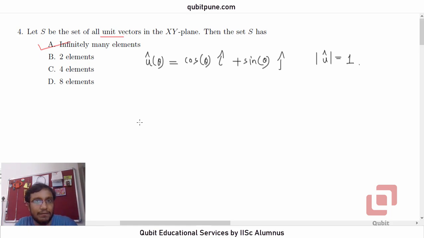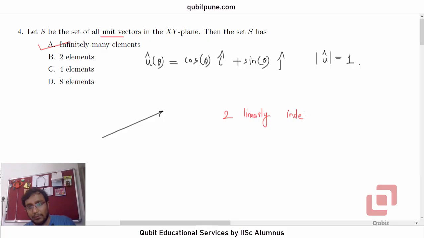I'm sure you must have studied all these things in vectors as well, correct? And now we also know that in 2 dimensions, if you take any vector, then you can always express it as a linear combination of 2 linearly independent vectors.